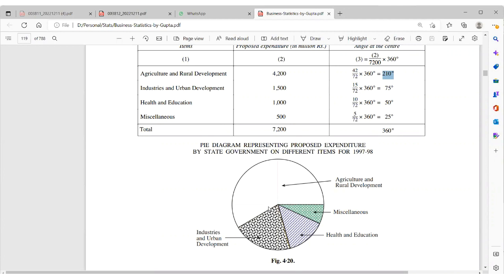This is agriculture and rural development. Again, we put the protractor here. We make a second angle, that is 75 degrees. We put another line. This is industry and urban development. Again, protractor here, make a line. This is health and education. And the rest one is miscellaneous. That's it. This is a pie diagram.